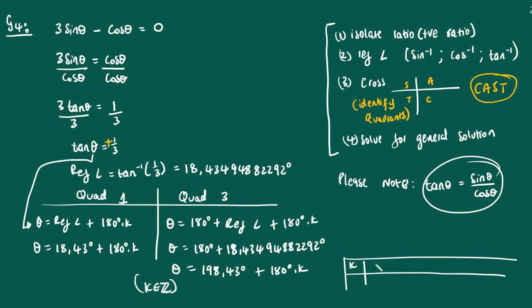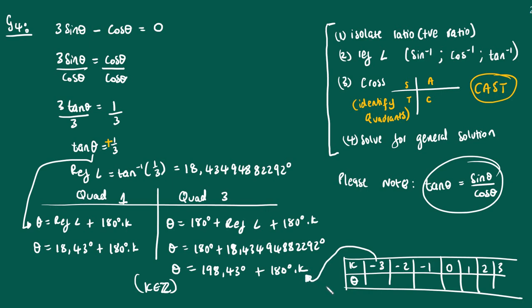So it depends on where you want to find the solutions. Usually you would substitute k as negative 3, negative 2, negative 1, 0, 1, 2, 3. Then you would take this formula, you put it here, that's your formula. Then you would substitute, for example, theta, you substitute k as negative 3.